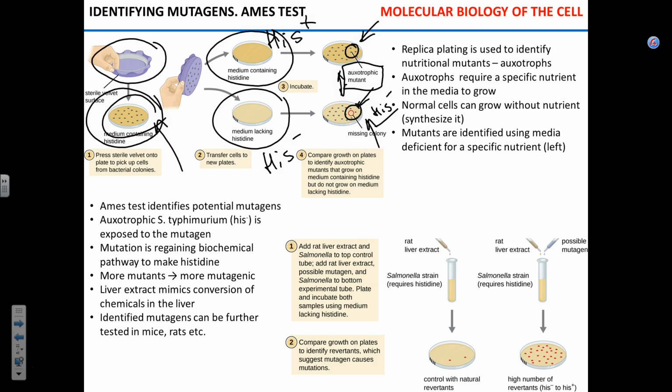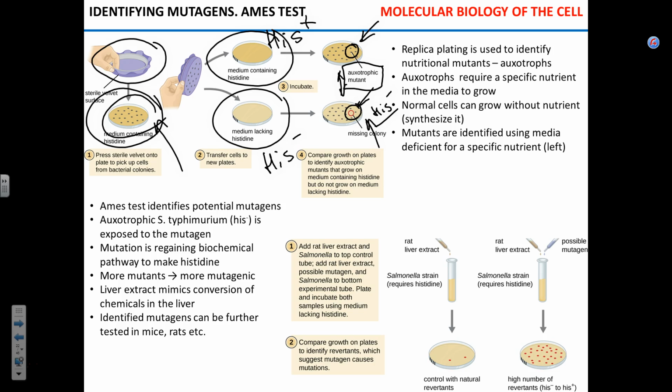I'm going to pause here and make sure. So it's an exclusion, okay? We find the microbe that requires histidine. So it has a mutation in its DNA already. It's a random mutation. It's an accidental mutation. It is not caused by anything.